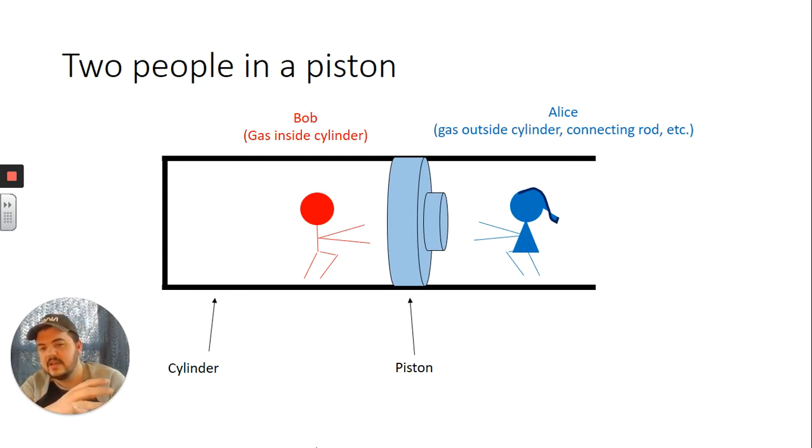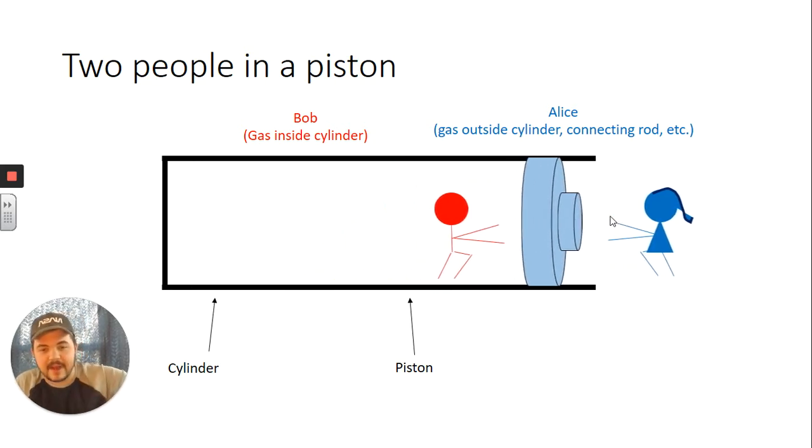He'll be what we'll call the system later on. And then on the right, we have Alice. Alice is going to represent anything outside of that cylinder, so the atmospheric gas outside of the cylinder, maybe that connecting rod, or anything that might be pushing up against the piston from outside of the system.